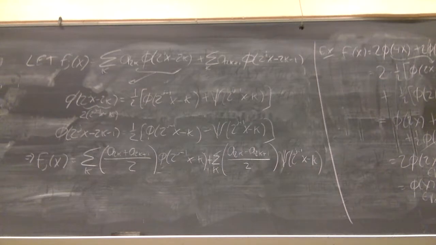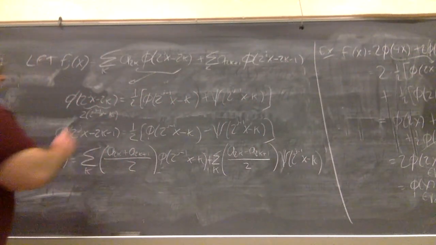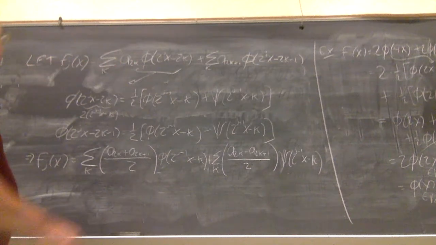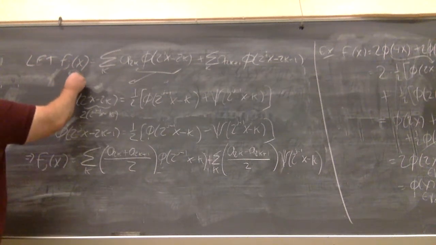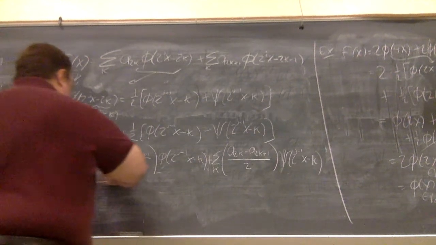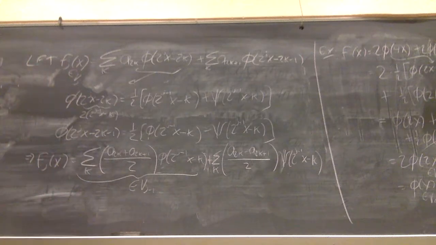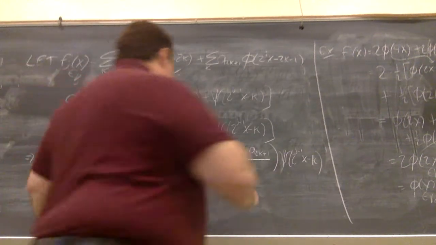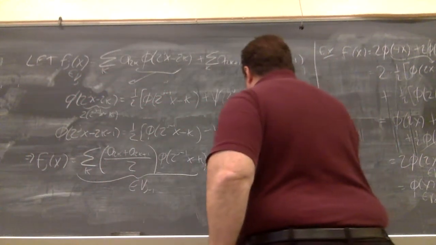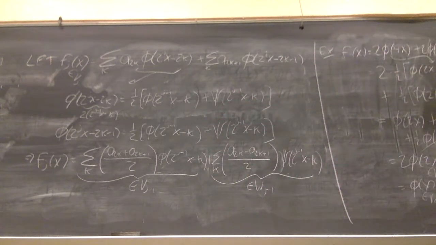All right. So now I've managed to rewrite f, and what I've gained from all this is that the original sum, because f itself is in Vj, this sum is in Vj-1, and this is in Wj-1.